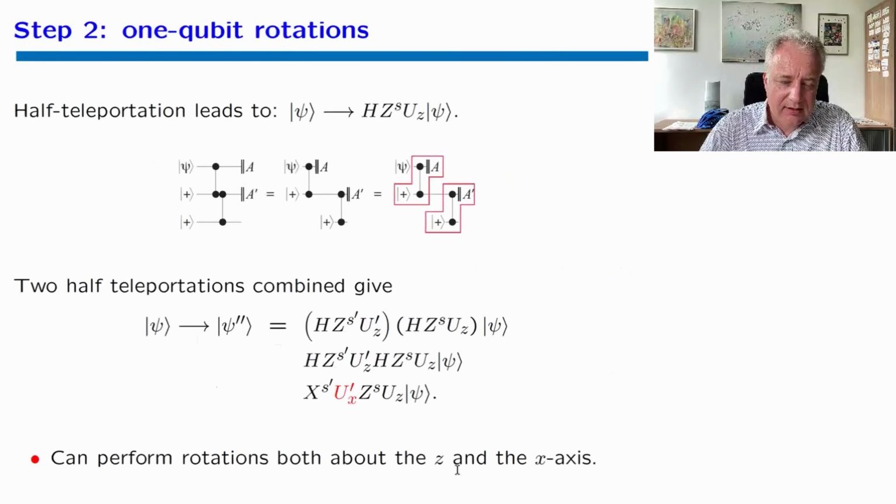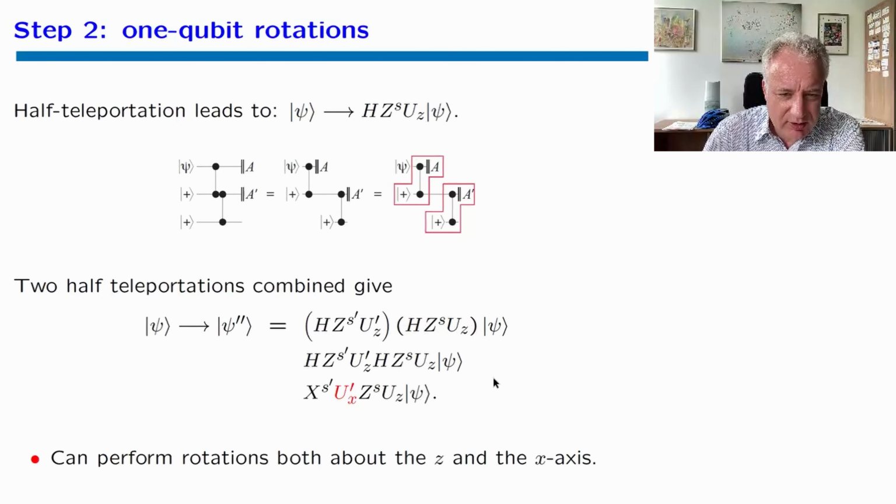But we want to do more than rotations about the z-axis. We also want to do rotations about the x-axis. And that now comes quite naturally. To see that, we look at the concatenation of two such blocks, what they do. Each block is like what we have seen: the z rotation, the Pauli correction, the Hadamard.